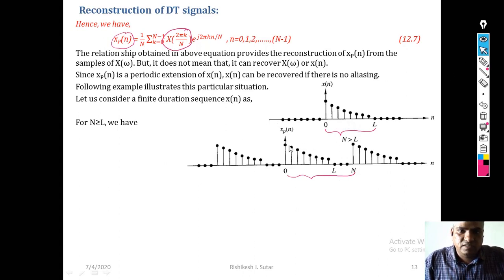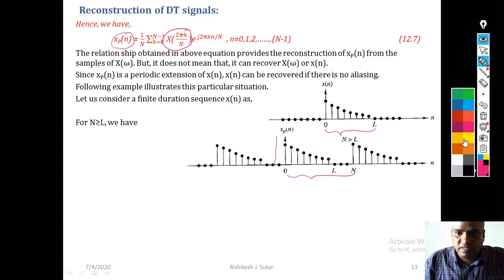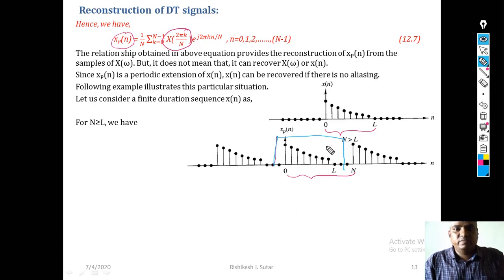So in this case, I can have a filter or window, and I can take out this portion and name it as x of n.